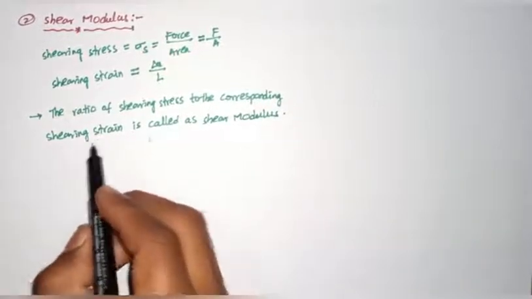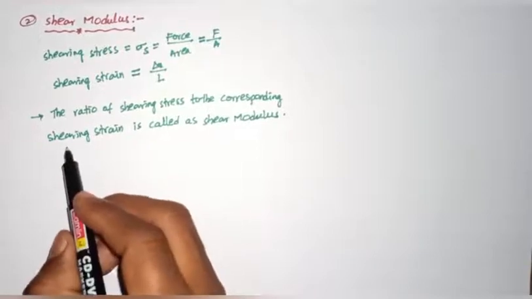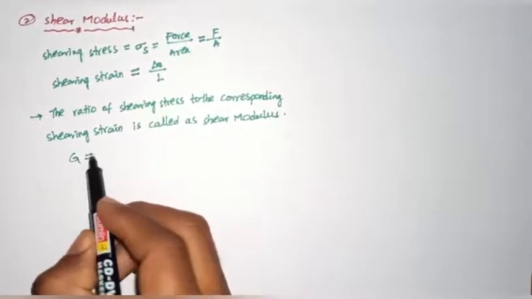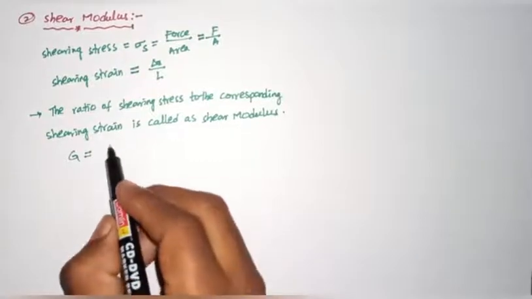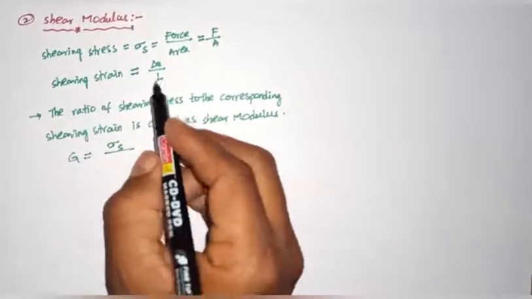Shear modulus is denoted as G, which equals sigma s by shearing strain.